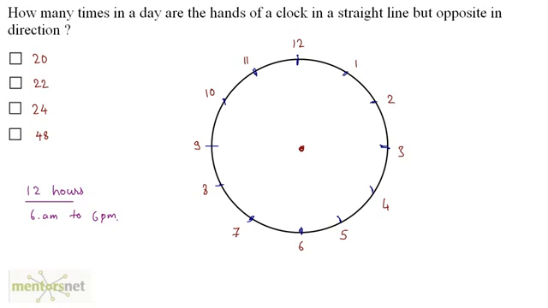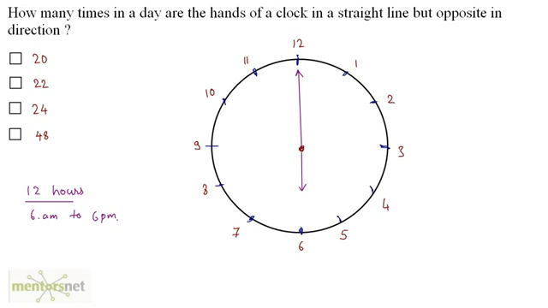That becomes simple for us. So from 6 a.m. to 6 p.m. Well, at 6 a.m. the hands will be in a straight line and opposite in direction, right? So this is the first time they came in a straight line and in opposite direction.